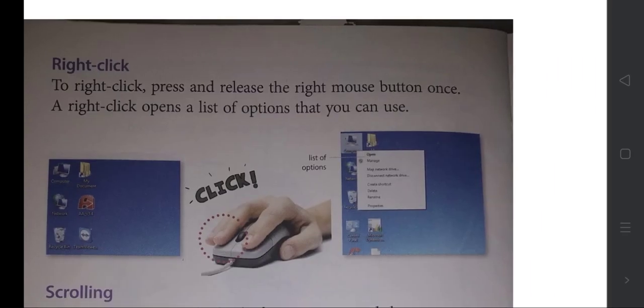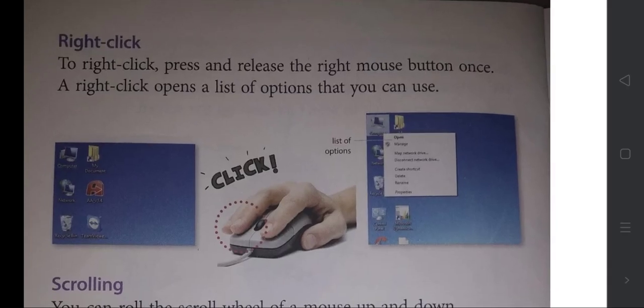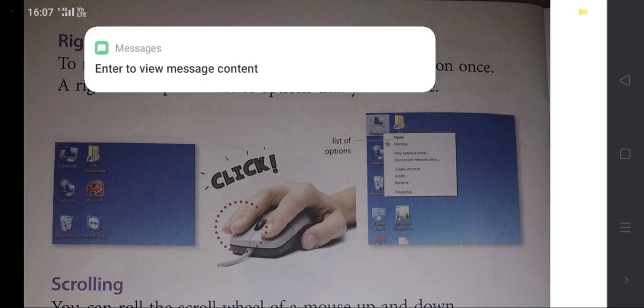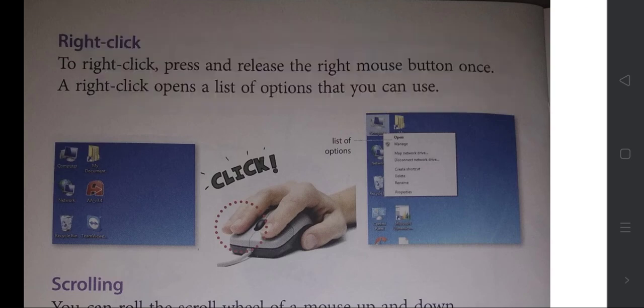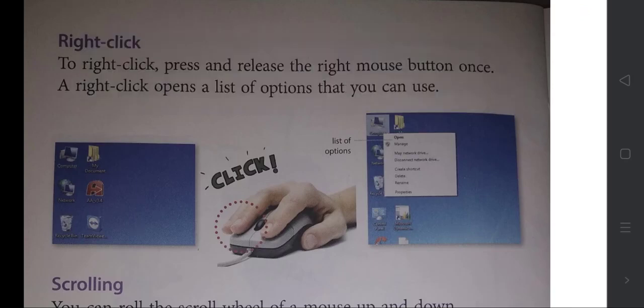Then right click. What is right click? You can see the right-hand side button circled. To right click, press and release the right mouse button once. A right click opens a list of options that you can use.